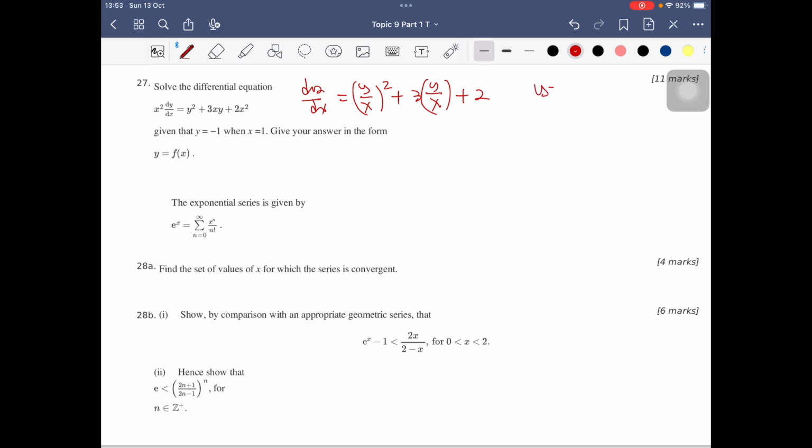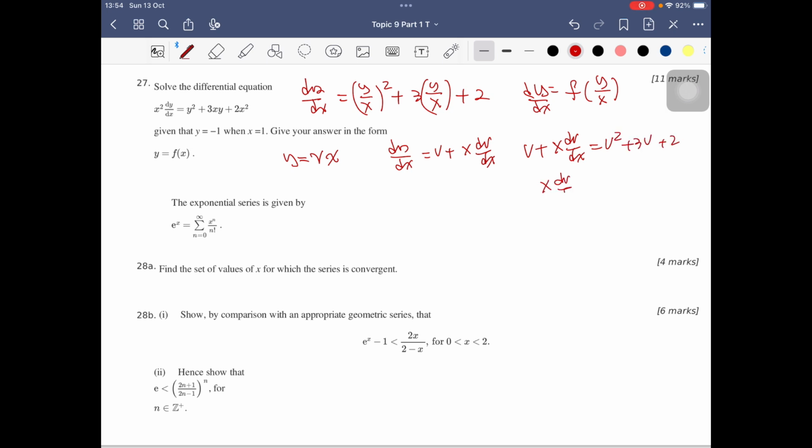So dy over dx is expressed as a function of y over x. So this is the homogeneous equation. So let v equal y over x, so y equals vx, and dy over dx is v plus x dv over dx. So v plus x dv over dx equals v squared plus 3v plus 2.